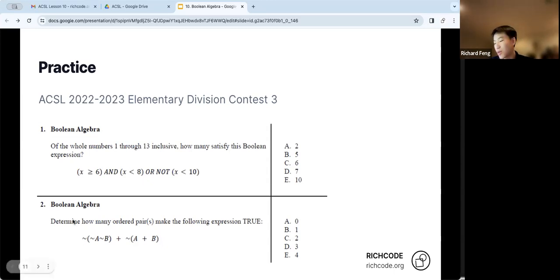I think you're referring to the second question, but the squiggly line is the same thing as not.